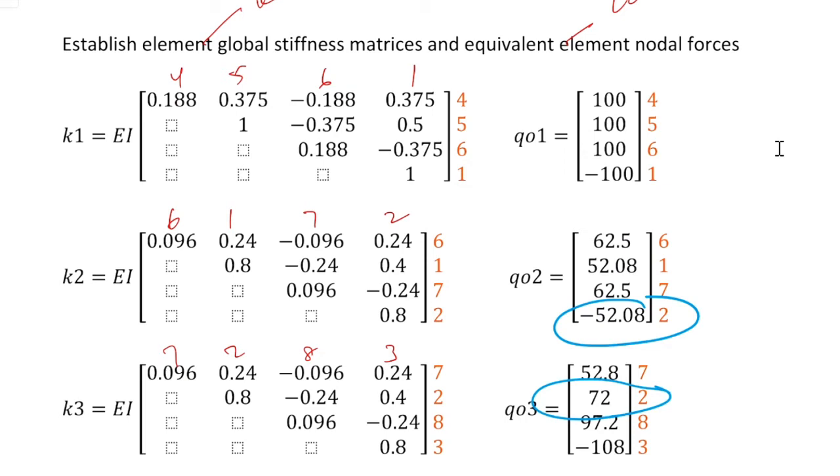It is 19.92. And for position number 3, there is no 3 in Q01, Q02. So 3 is only located in Q03. It is negative 108.